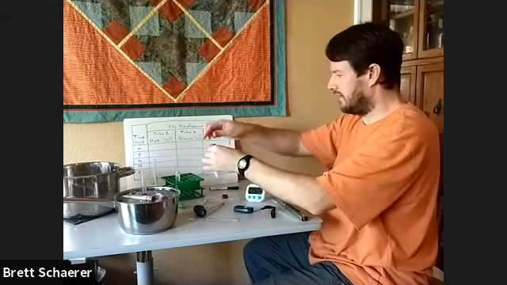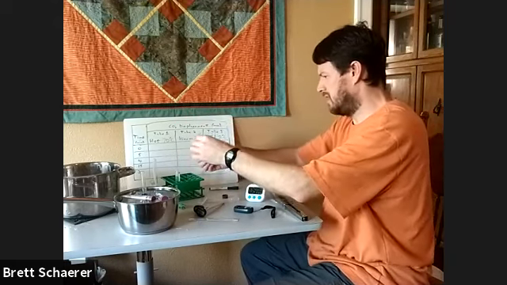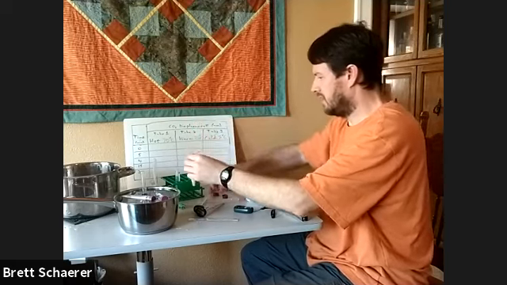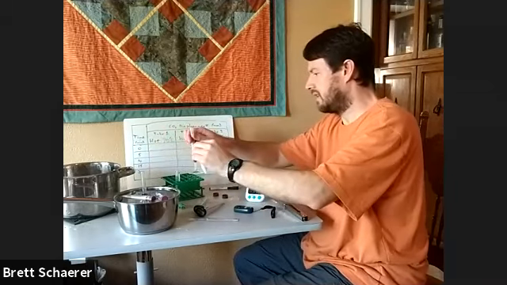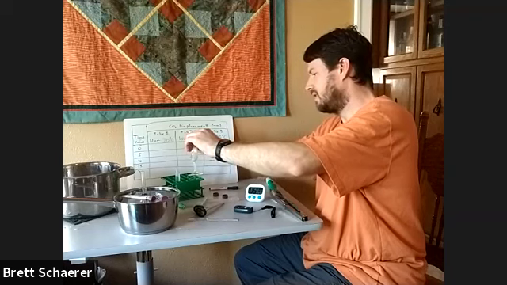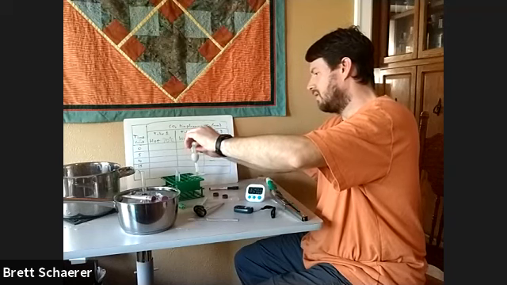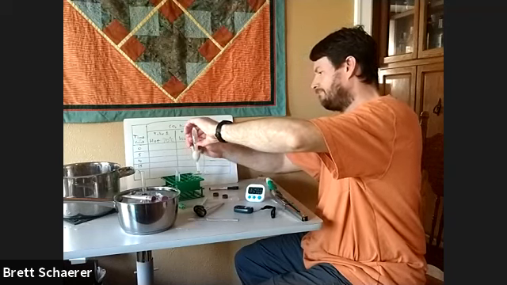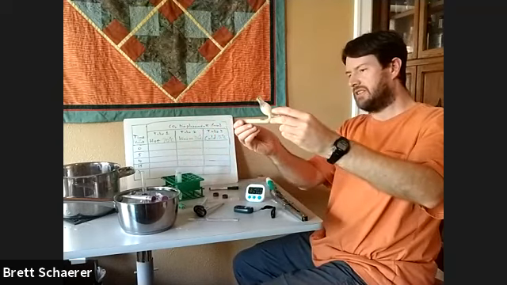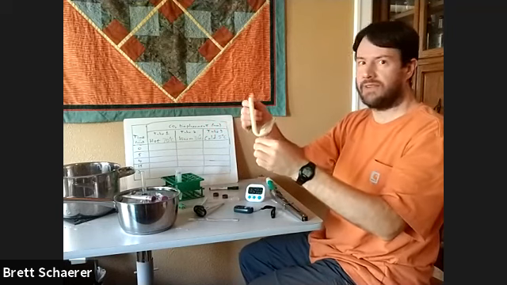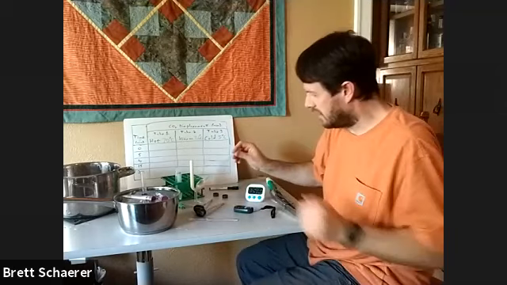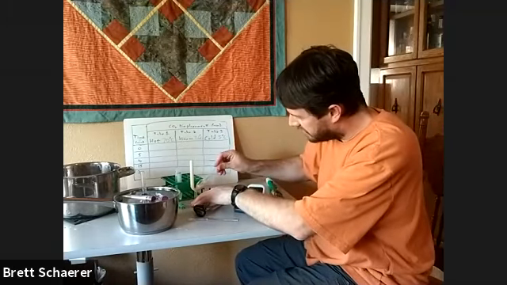Just invert that a few times. And pour it into the tube carefully. And then get the mixture into the tail of the fermentation tube. Go ahead and add our air bubble to this now.